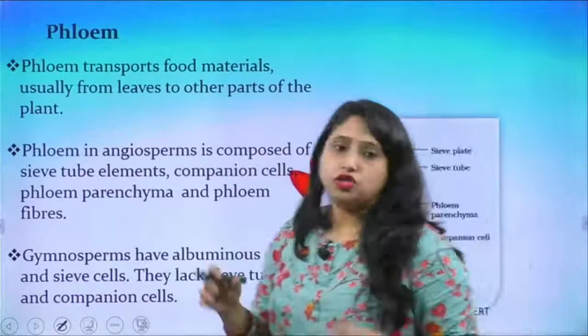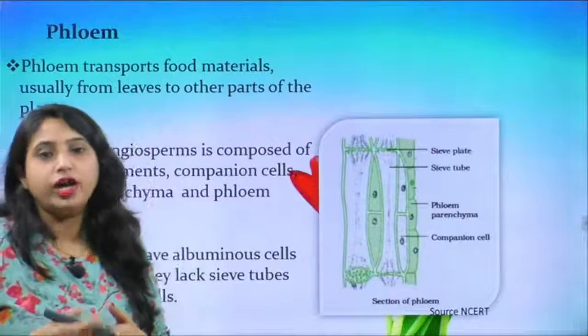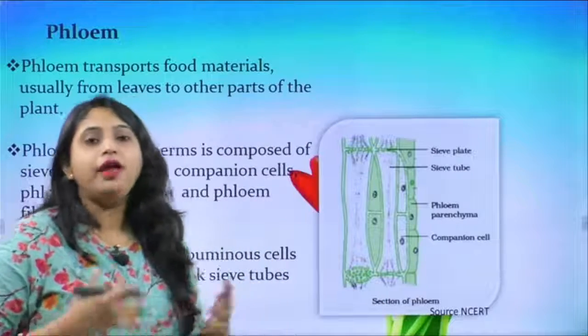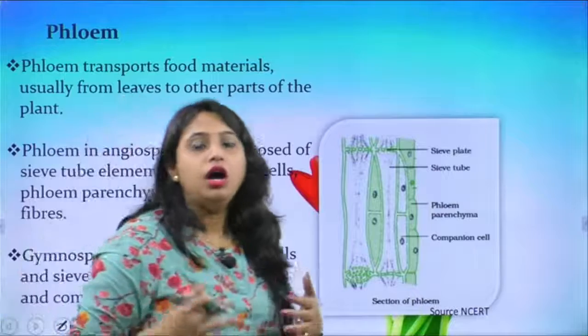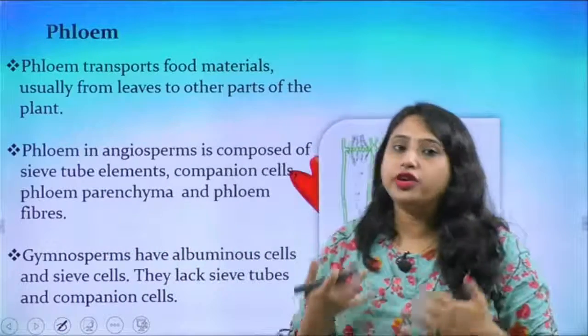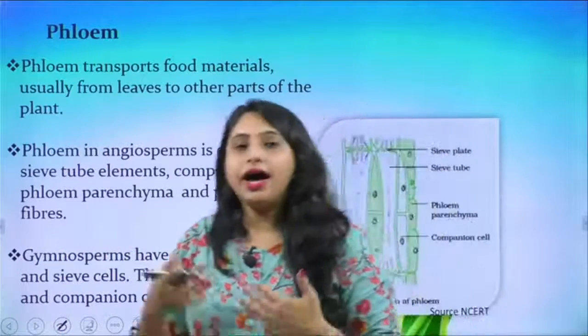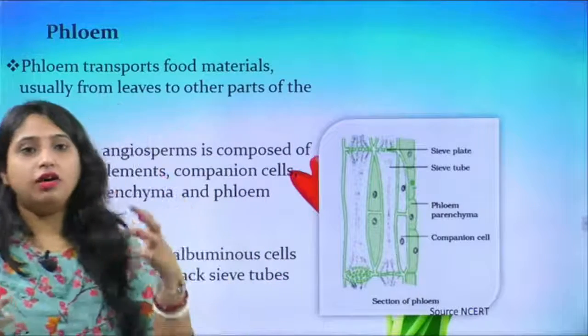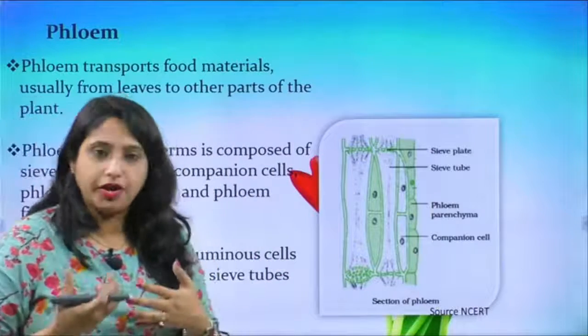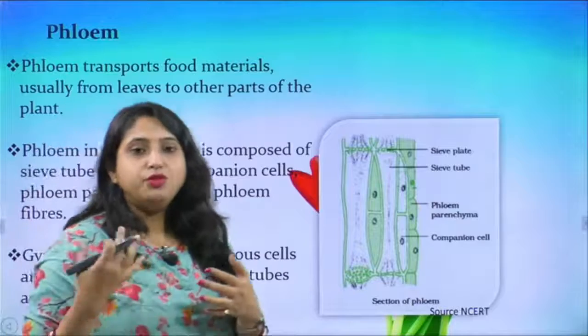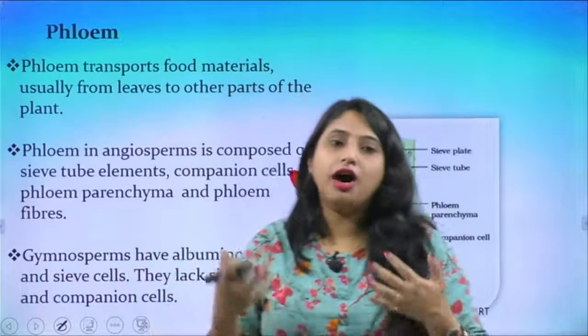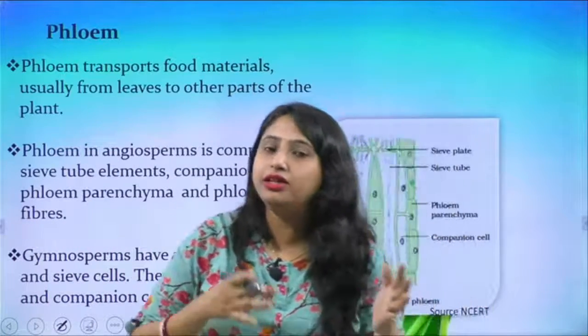Next, so far we have learned about the xylem, how the xylem functions, what the various elements of the xylem are, and how the protoxylem and metaxylem are arranged in the stem and the roots.